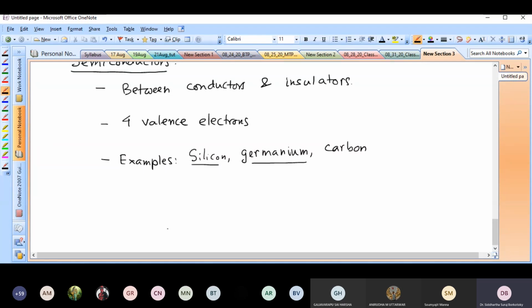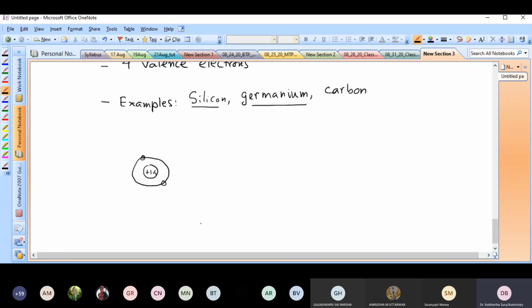So for example, if you draw a silicon atom, what you have here is a positive charge of plus 14. Then you have 2 electrons here, not valence, in the first orbit. Then you have 8 electrons in the second orbit, 1, 2, 3, 4, 5, 6, 7, 8.